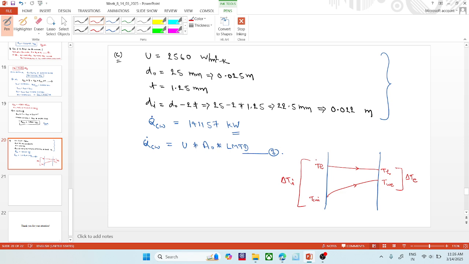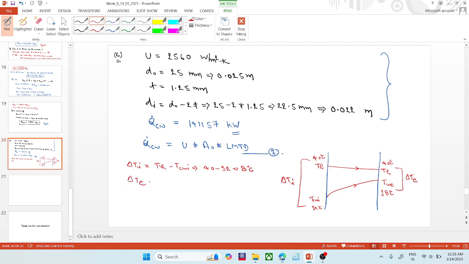So the values: this is 40 degrees centigrade, this is also 40 degrees centigrade, this is 32 degrees centigrade, and this is 38 degrees centigrade. Then we can determine the temperature difference at inlet. Delta Ti equals Th minus Tcwi equals 40 minus 32 equals 8 degrees centigrade.